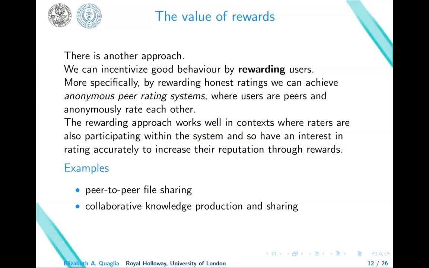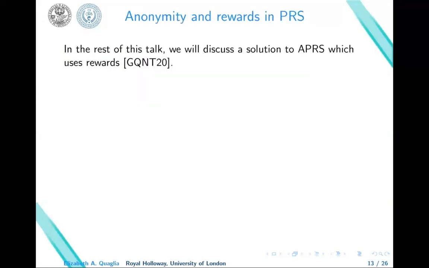So examples of this can be peer-to-peer file sharing scenarios or collaborative knowledge production and sharing, where this rewarding approach works quite well. Okay, so what we are going to focus on for the rest of the talk is discussing a solution to an anonymous peer rating system which uses rewards. So that is what we want to do.